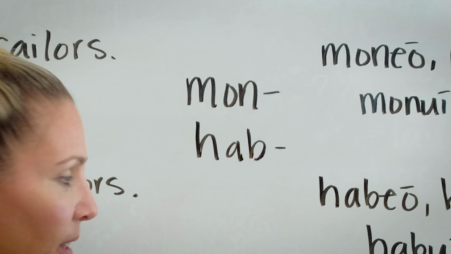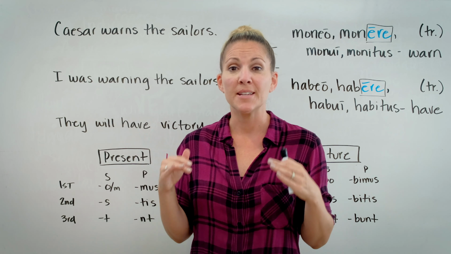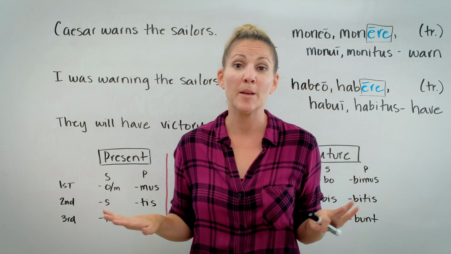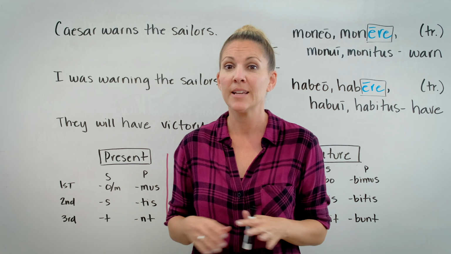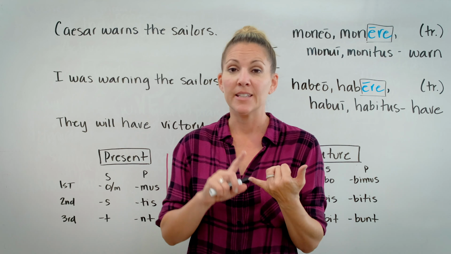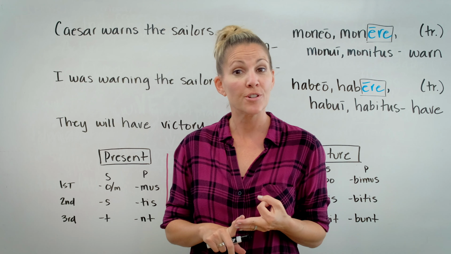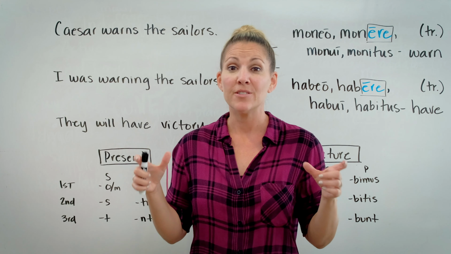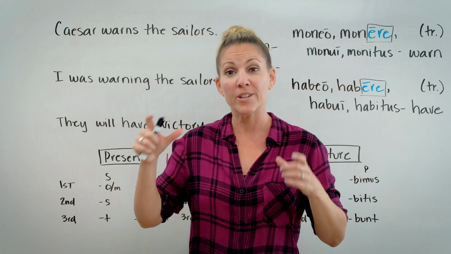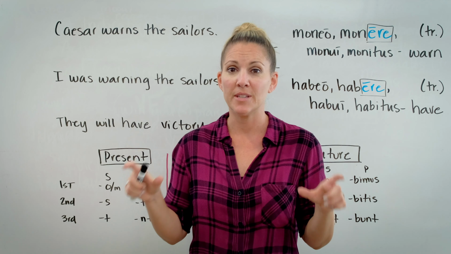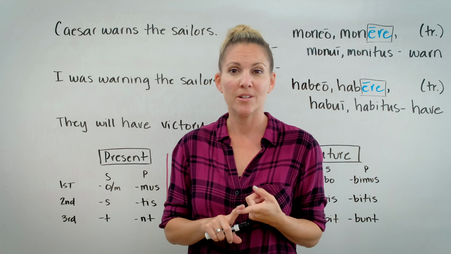There's my stem. All of the endings for the various tenses stay the same. They follow the same pattern, so that's really nice. You've already learned the endings for the present tense, the imperfect tense, and the future tense. Now all we have to do is figure out which tense we need to use and plug those in. We also need to figure out which conjugating vowel to use.